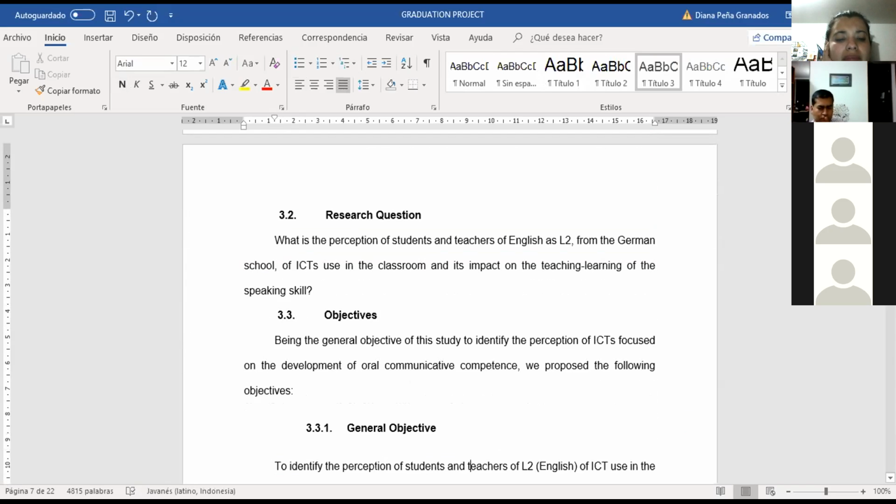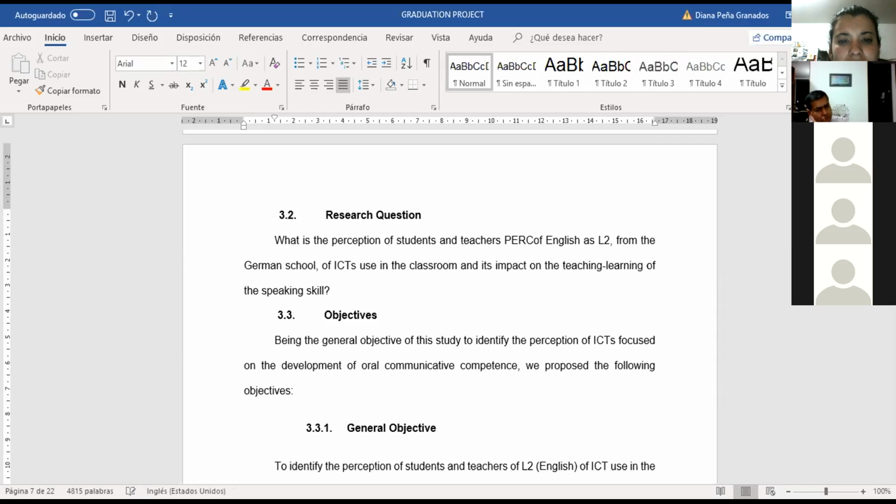So what is students and teachers' perception?